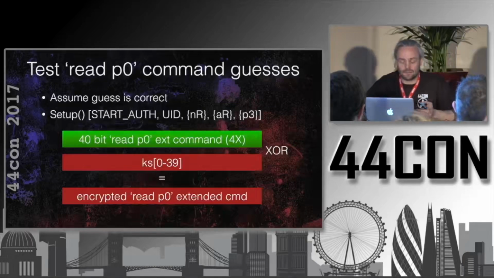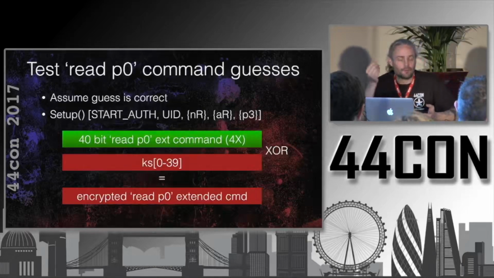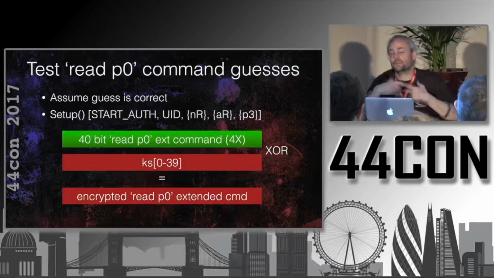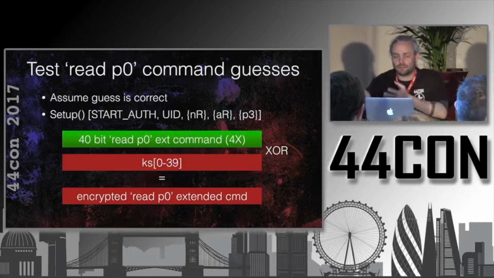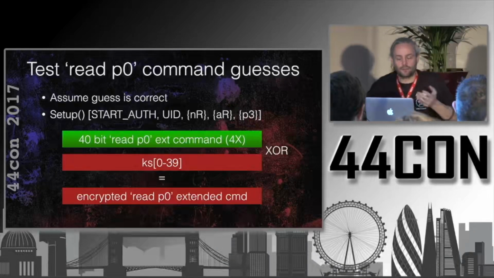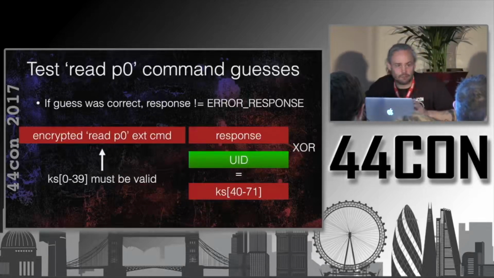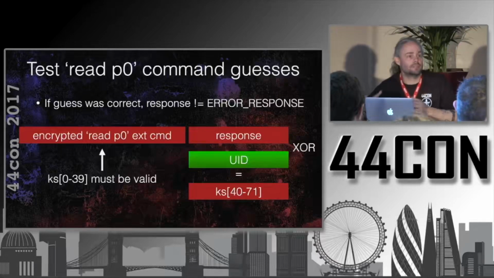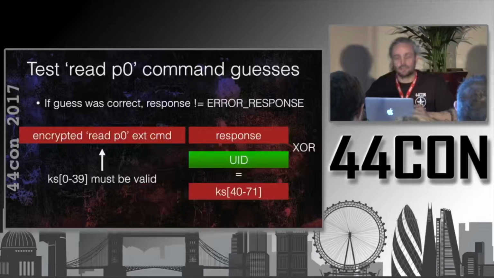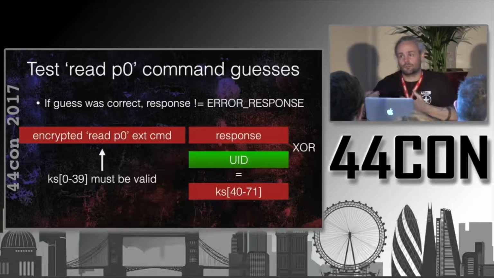That's simply a case of building that read page 0 command, XORing it with the first 40 bits of the key stream, which will essentially encrypt it, initializing the tag back so it's starting with the same key stream, and sending the 40-bit command. Now, you'll get back a 32-bit response. If it's the error response, then that means our key stream's invalid and our command didn't decrypt properly.